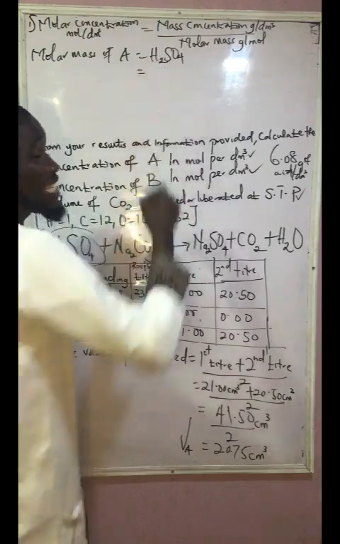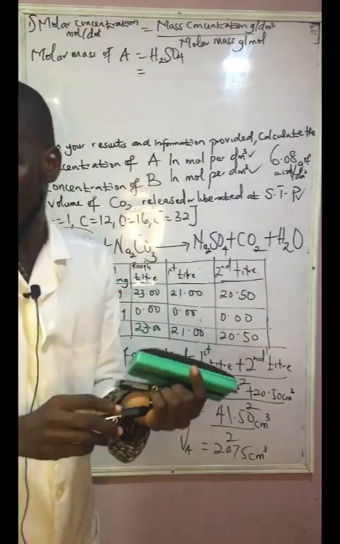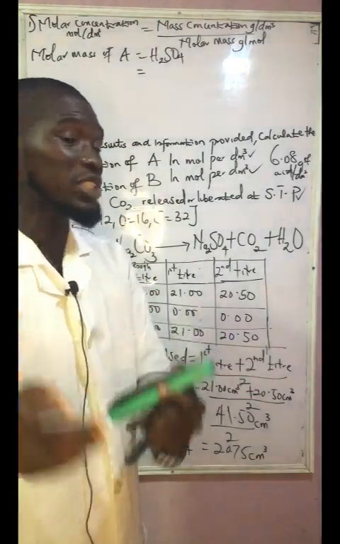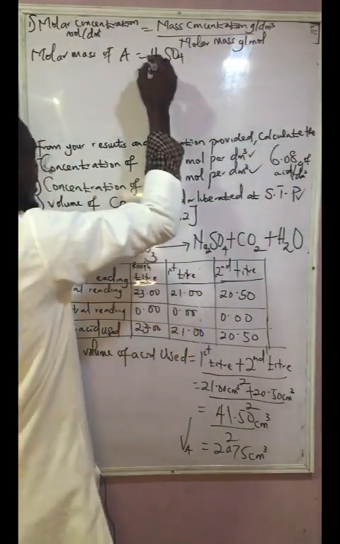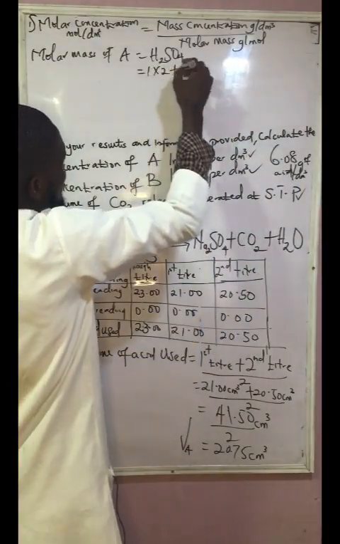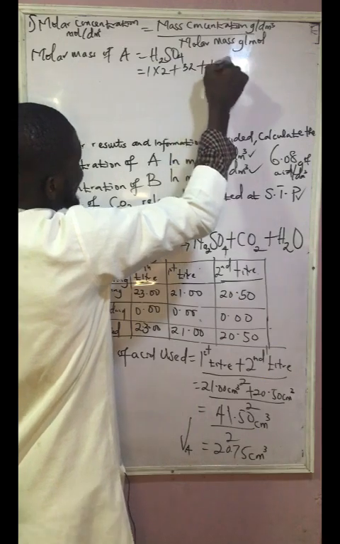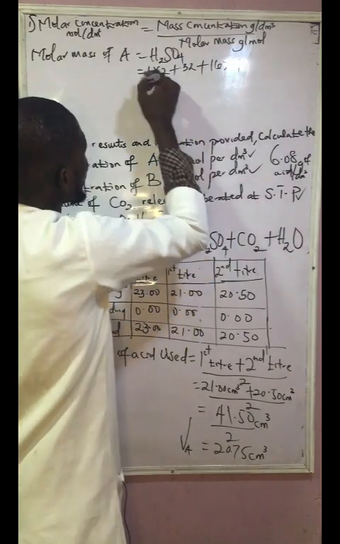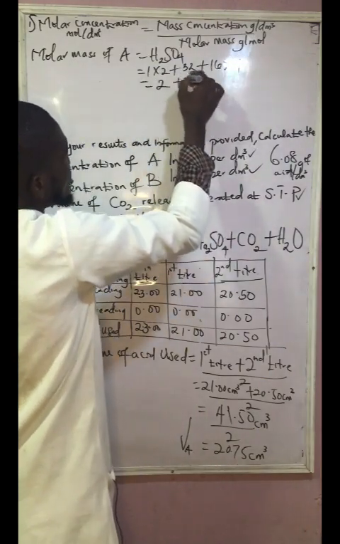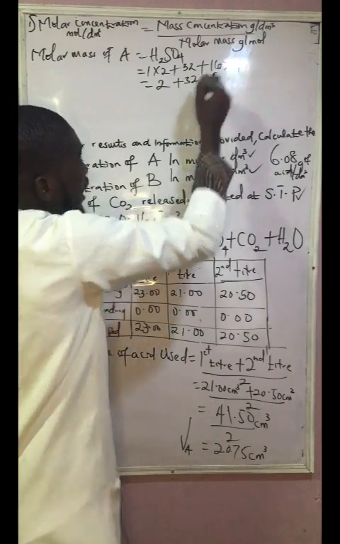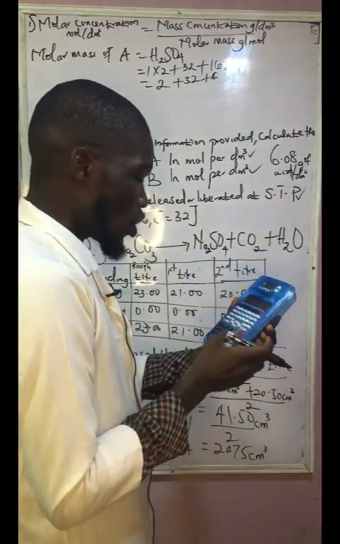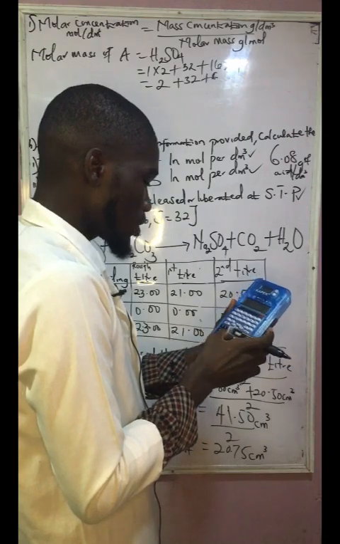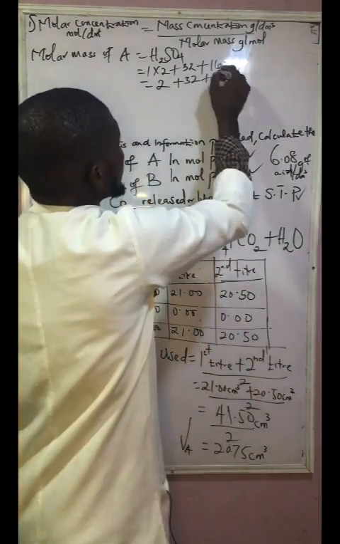H2SO4. I said earlier that if you watch the video I dropped last week under stoichiometry, you'll find it very easy to get. So let's go class. 1 times 2 plus 32 plus 16 times 4. 16 times 4 gives us 64.